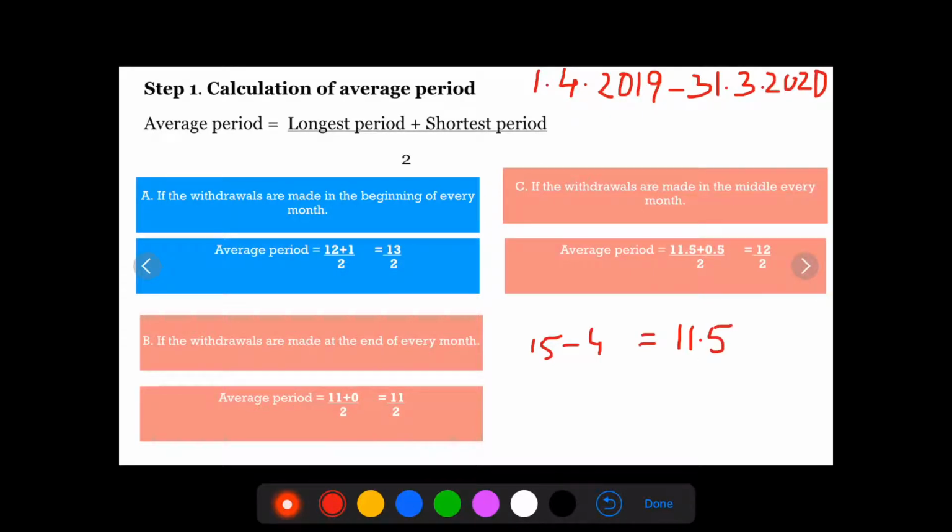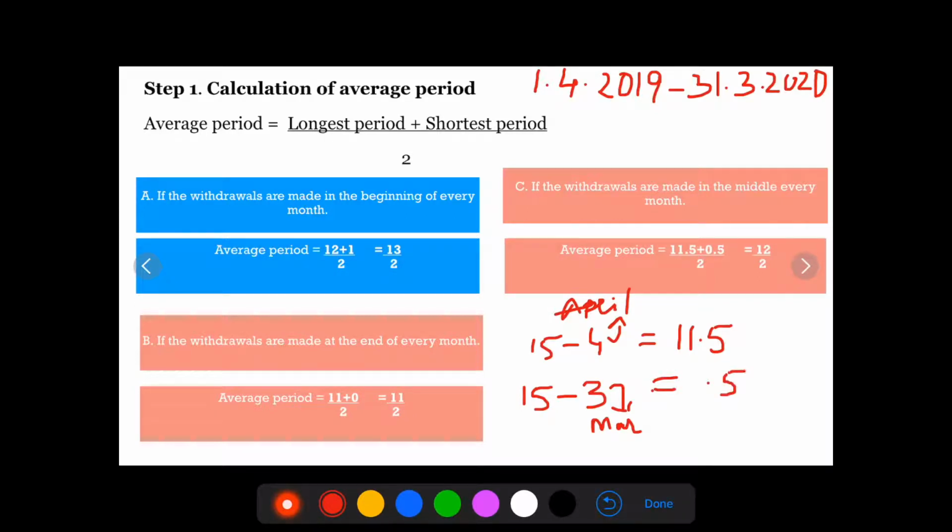And if the withdrawal happens on 15 March, we will get only 15 days.